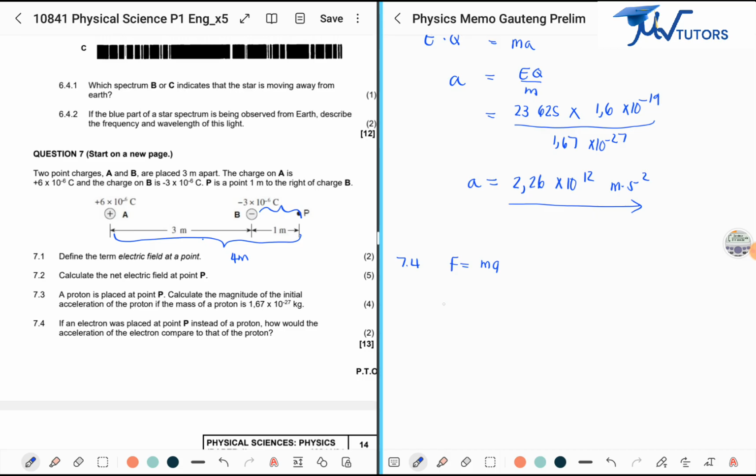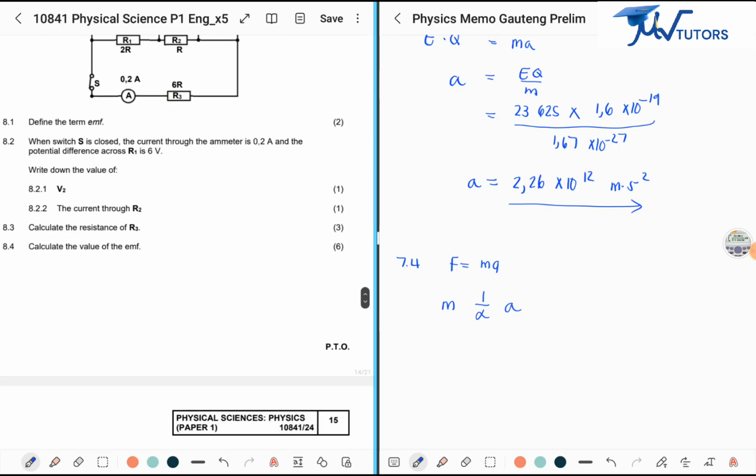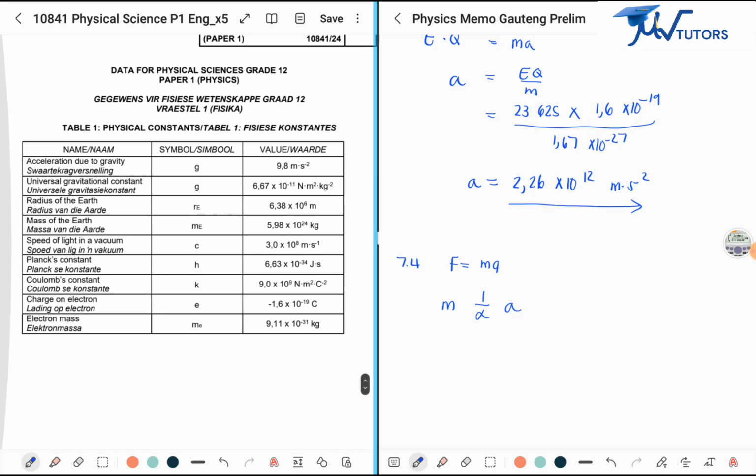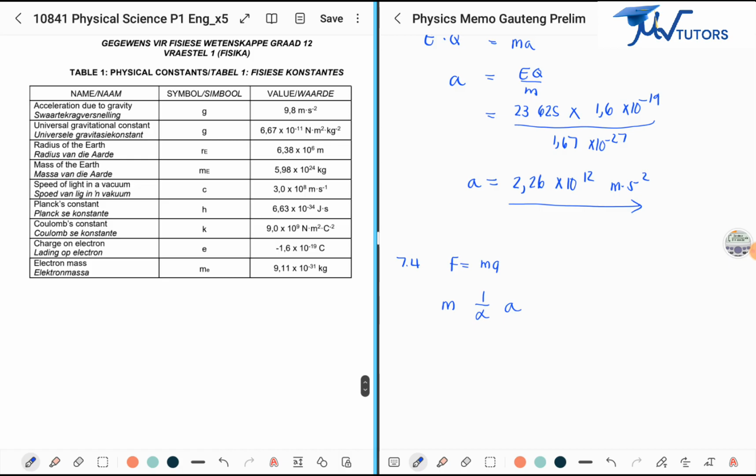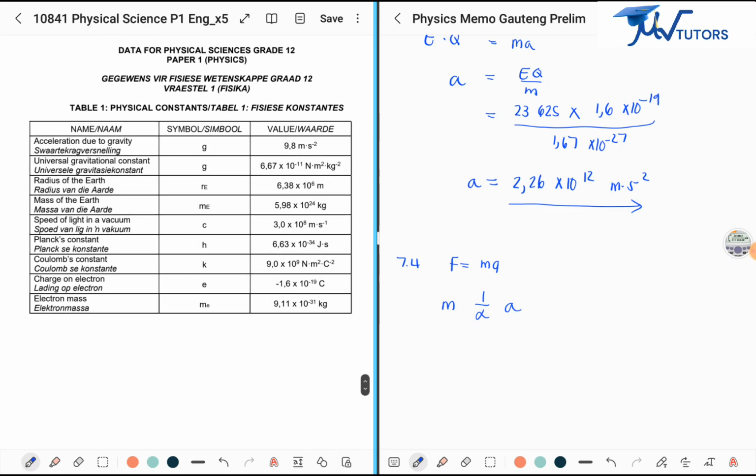So we know that acceleration and mass are inversely proportional to each other. Okay, so if the proton had a mass of 1,67 times 10 to the negative 27 kilogram, how does an electron compare? Because they have a similar charge, just opposite. One is negative, one is positive, right?